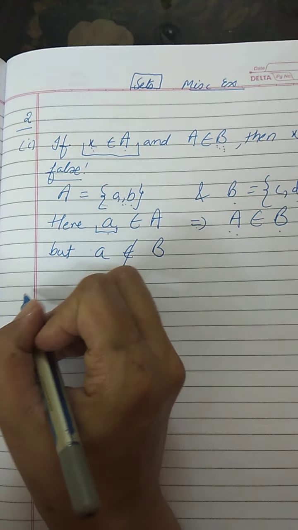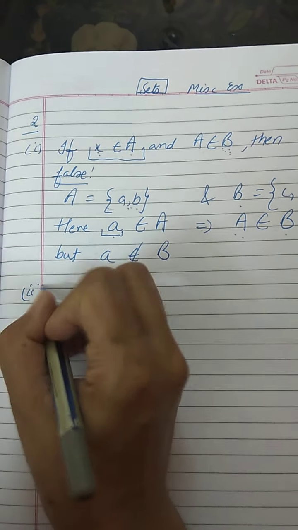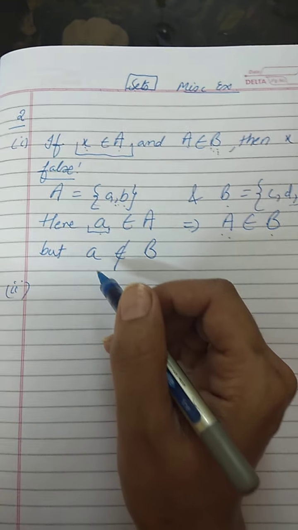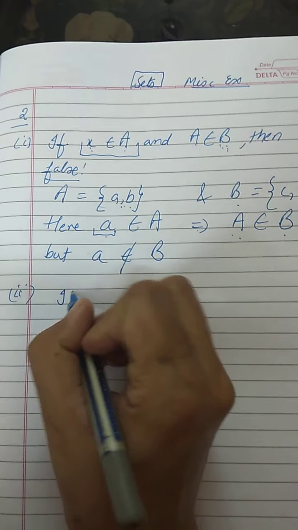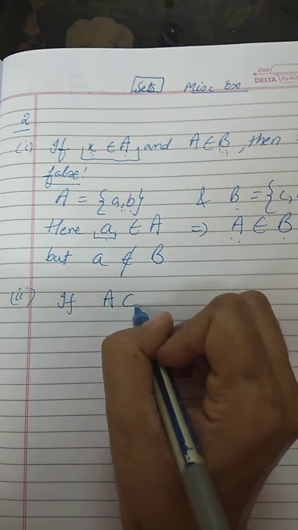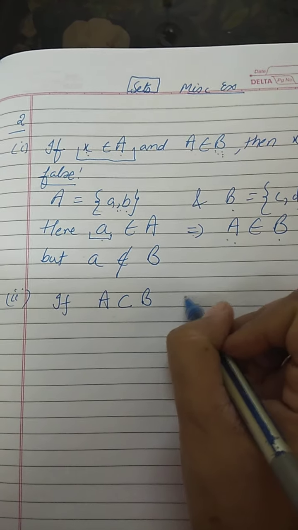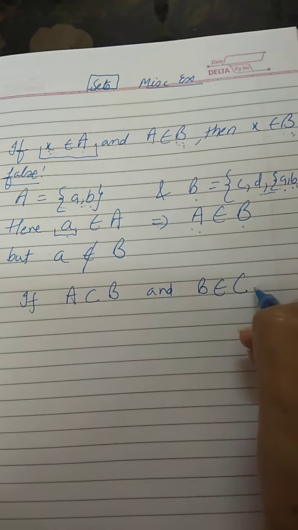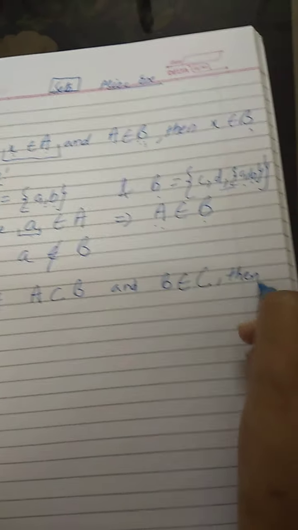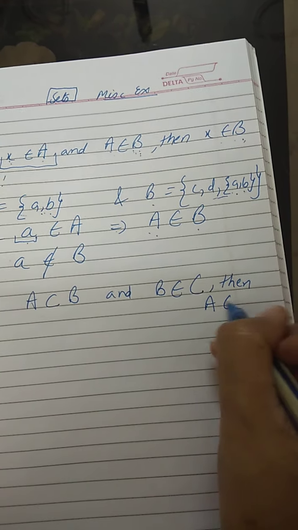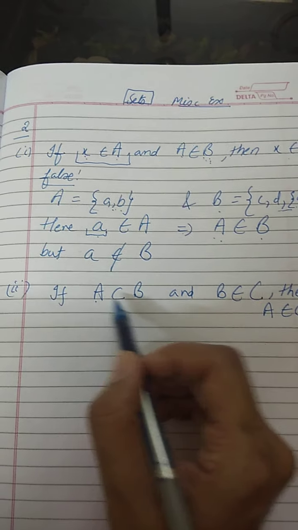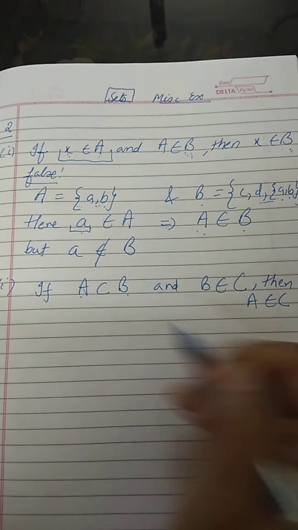Let us do one more part so that you people can understand how we are doing, and then you can complete that. Second part is given, if A is a subset of B and B belongs to C, then A belongs to C. Once again the same kind of one set, two sets and three sets are given here.